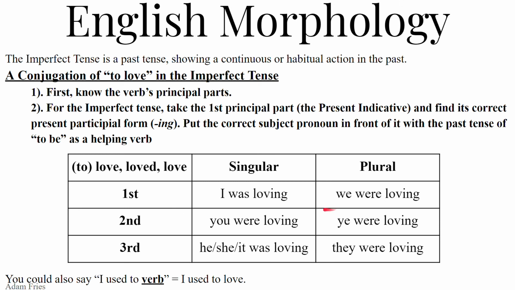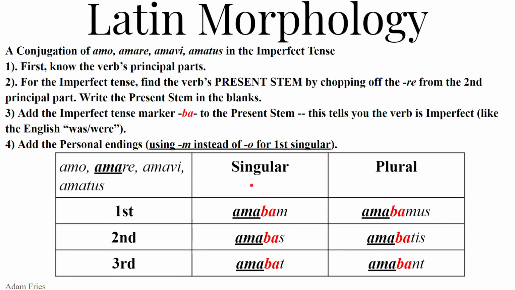It's almost equivalent to the helping verb was, were. Almost, but not quite. So ba. Then on that tense marker, that ba, so we have ama ba, the verb, the tense marker, then add the personal ending. We're going to exchange the O for M. So we have M, bam, instead of bo, which would be kind of weird.